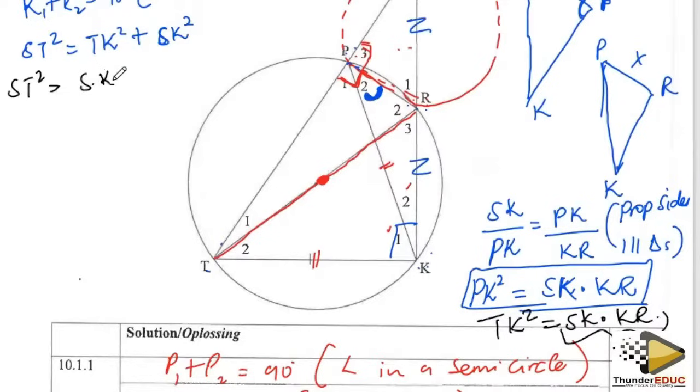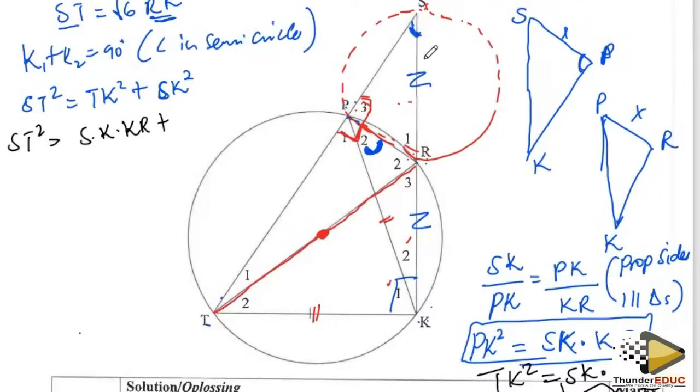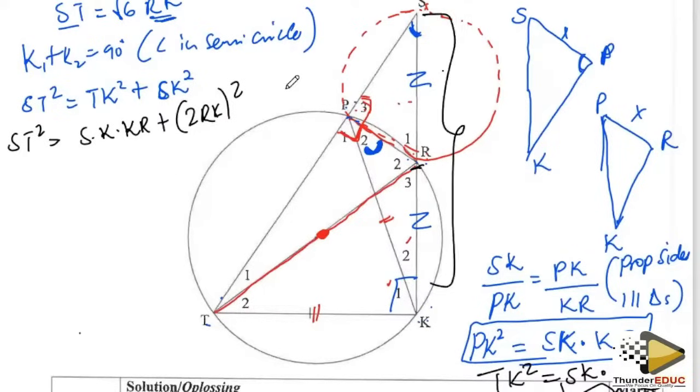So that is SK times KR plus, what is our SK? They told us it is the same as this. So if this is RK, this is also RK. So I'm going to say 2RK squared. But I know that the whole of SK is the same as 2RK, since this and that are the same.